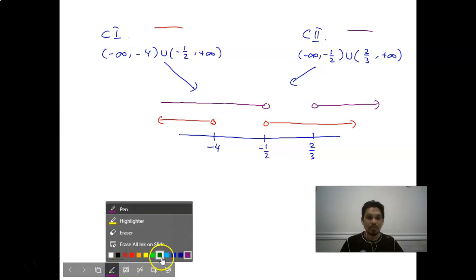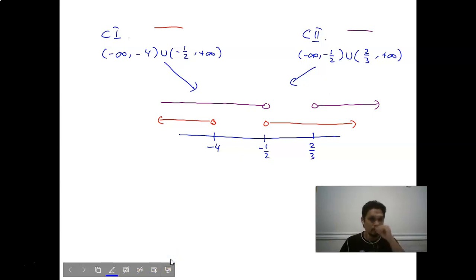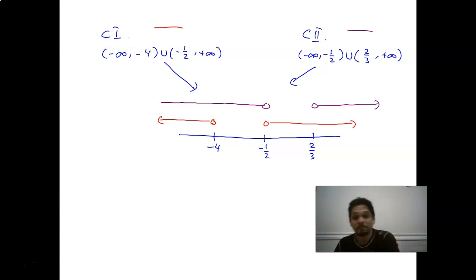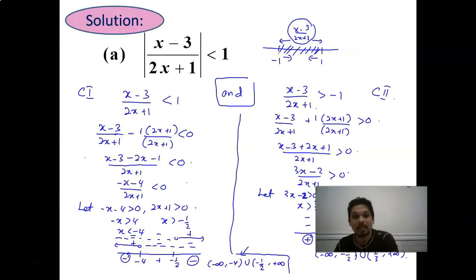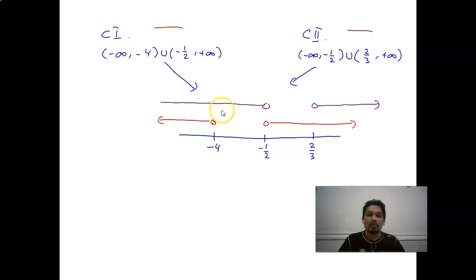So my question to all of you again, how are we going to finalize this answer? Look at this one here now. Between case number 1 and case number 2, there's term of n. This term of n means that we are going to find where the line of purple and red intersect each other.